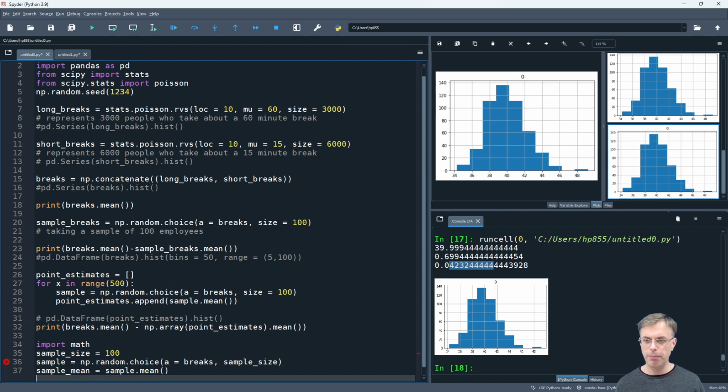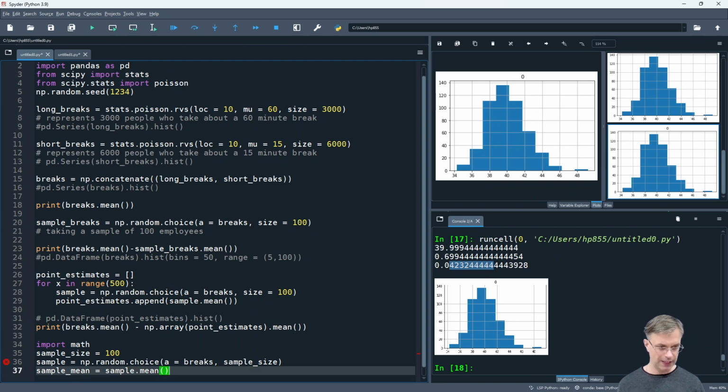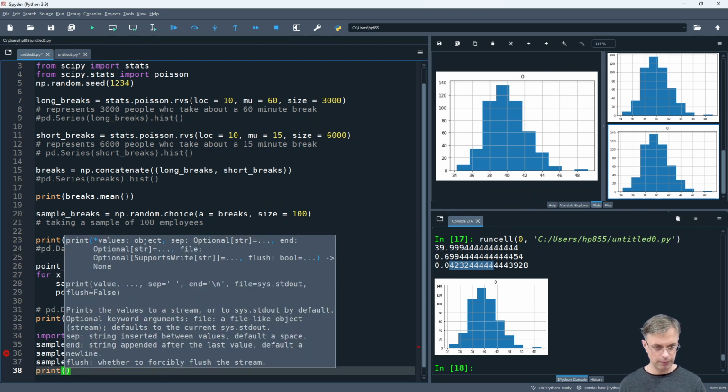So the sample mean of the break length is that. We could also take a view of it.